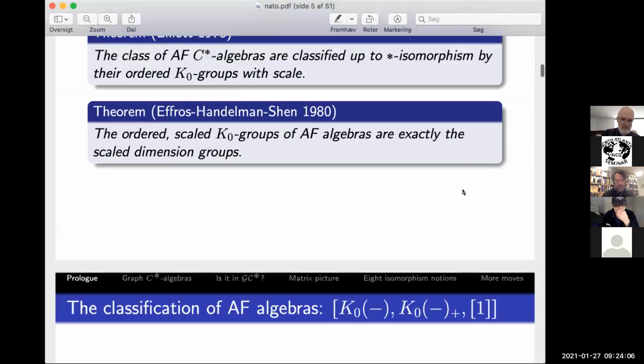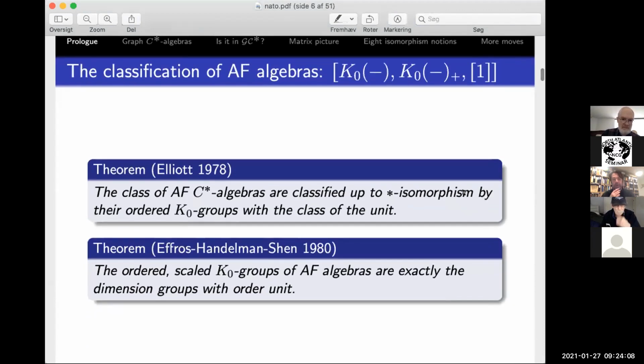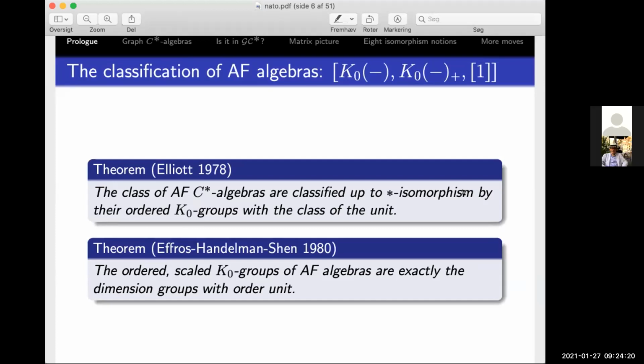And you can also, if you have a unital AF algebra, then you can just, instead of the scale, use the class of the unit. And you have sort of also a range result saying that these are all the possible dimension groups with order unit is what you get. As far as I know, there are no decidability results here, but I'm not 100% sure.